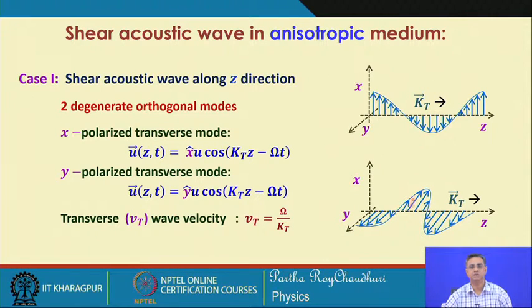So, these are the two degenerate modes of these acoustic waves, and they are represented by this wave equation, this one for the x polarized mode and this one for the y polarized mode, where k t is the propagation constant of the acoustic wave and omega is the frequency of the acoustic wave, and therefore, the wave velocity of the acoustic wave will come from this relation.